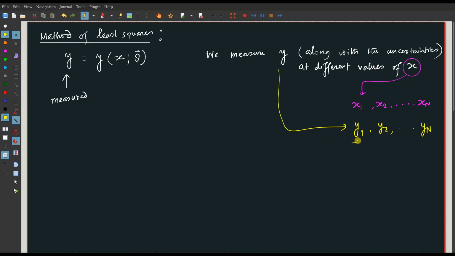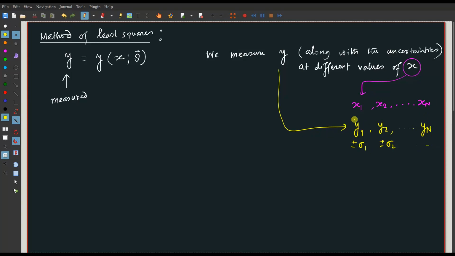So let me call them, let's say, plus minus sigma 1, plus minus sigma 2, and so on. So there are certain things that you basically measure.